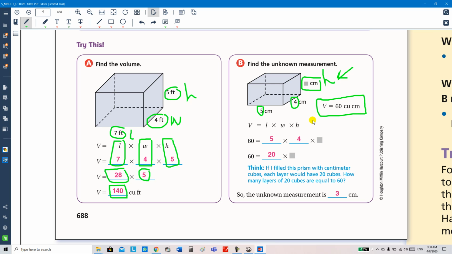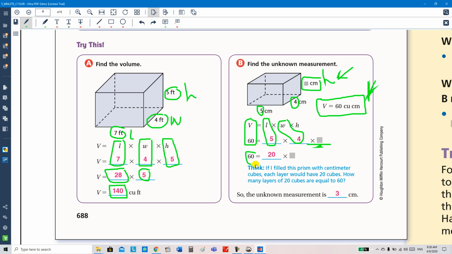So all we have to do, you are going to put this in the volume. So volume equals 60, and length equal 5, and width equal 4, and of course height is blank because we don't have height.